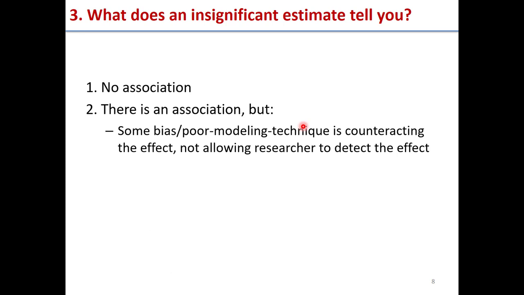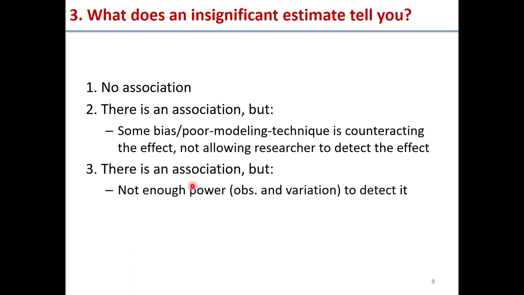Okay, second, there is an association, but you're not able to detect it because there's some bias or perhaps some bad modeling, and that's counteracting the effect. So you're not able to detect the true effect. Okay, third, there is an association or there is an effect, but there's just not enough power. There's not the observations, there's not the variation in the key x variable to allow you to detect it.